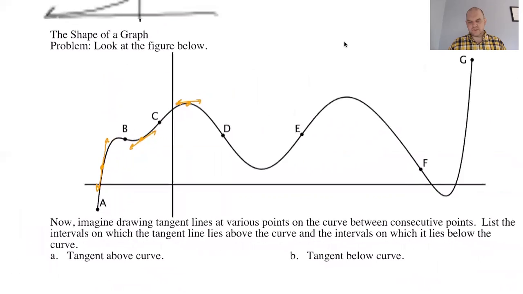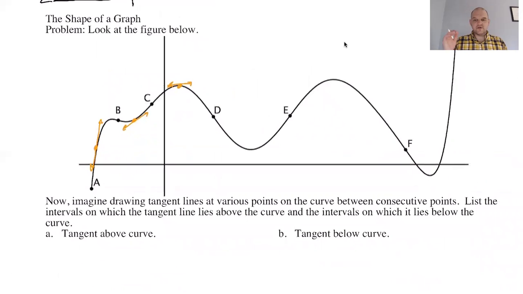But I'm not going to spend my whole time going across this. So identify the intervals on which the tangent line lies above or below. Yeah, above and below. I have to do both. So this we know because we've talked about it. This is a question about concavity, really. So I'm going to use the following color for concave down.